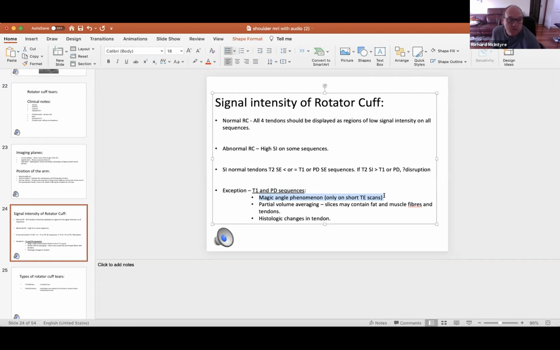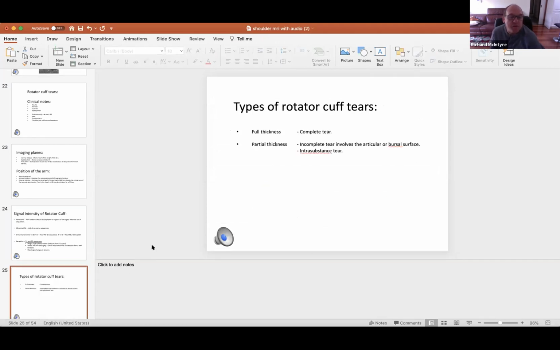All right, so types of rotator cuff tears: we've got full thickness, or a complete tear through the rotator cuff, or partial thickness, an incomplete tear that involves the articular or bursal surface, or an intrasubstance tear. So there's those three.